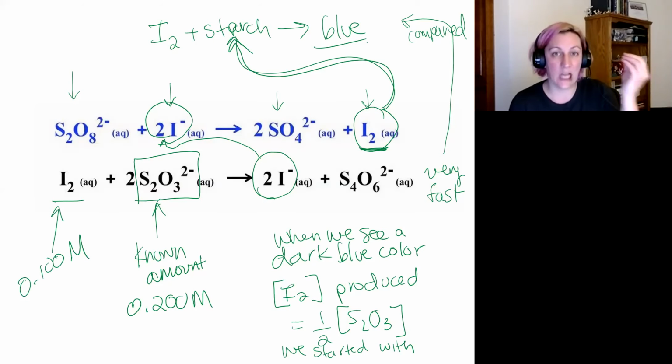And so we can take the concentration and time at the beginning of the reaction and develop an initial rate from that information for the very beginning of it. And so that's the way we're going to calculate rates in this lab.